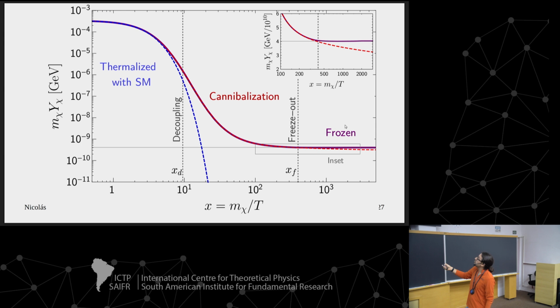At later times, you break the kinetic equilibrium, so your dark matter is a bit hotter. This red line corresponds to the equilibrium with respect to the temperature of the dark matter, which is slightly higher. So dark matter is following. It seems that it's not in equilibrium, however it is, but at a different temperature.